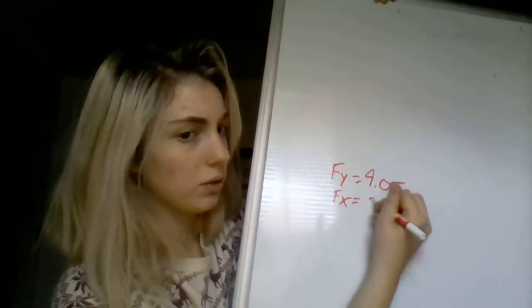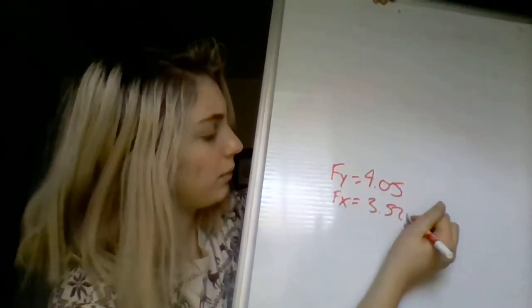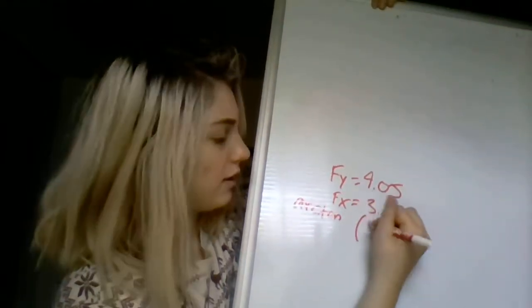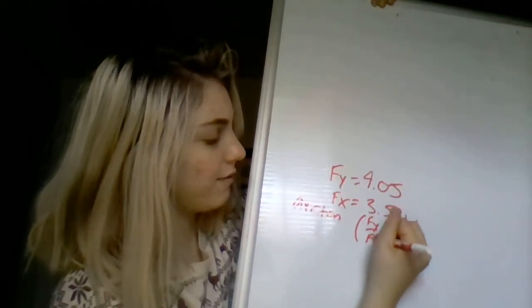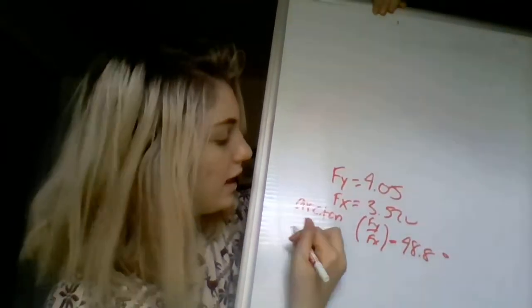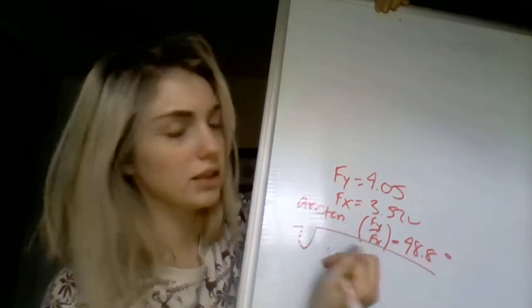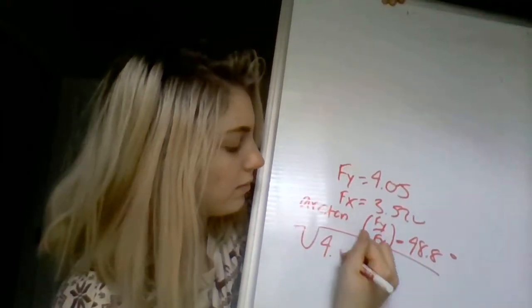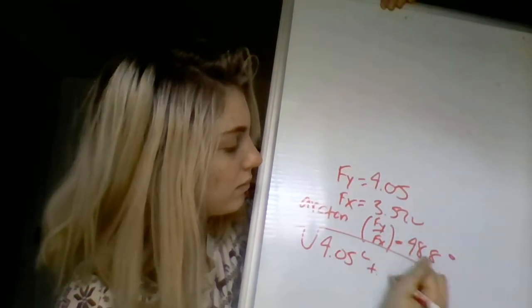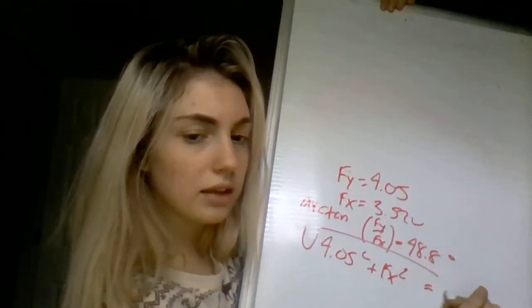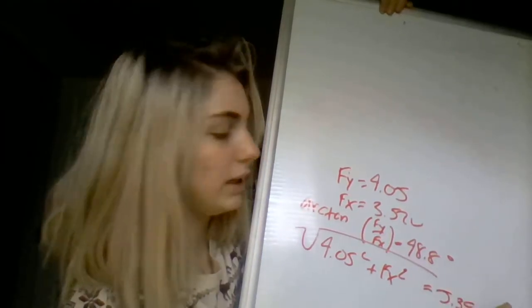Fx will equal 3.55 like we found before, and then I'm going to do the arctangent of Fy over Fx, which will equal 48.8 degrees, and then do the distance formula, or sorry, the magnitude of this and this, and that'll equal 5.39.